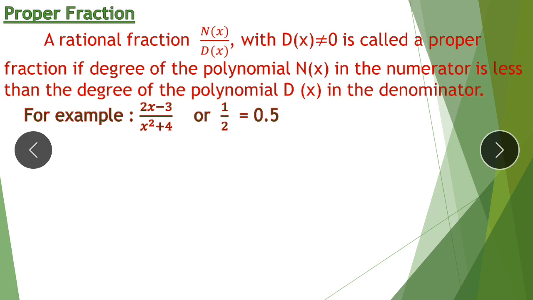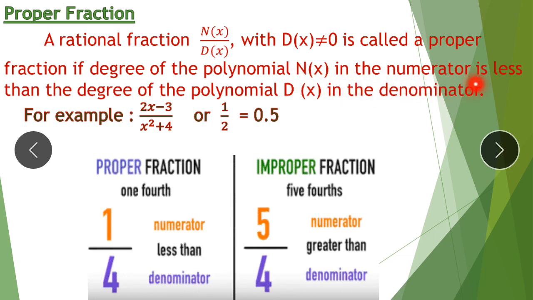Next we have proper fraction. A rational fraction with denominator not equal to 0 is called a proper fraction if the degree of the polynomial n(x) in the numerator is less than the degree of the polynomial in the denominator. So what is a proper fraction?